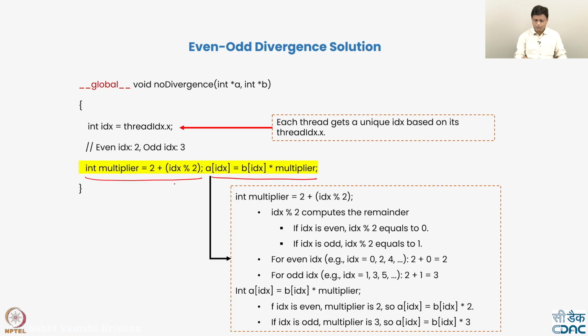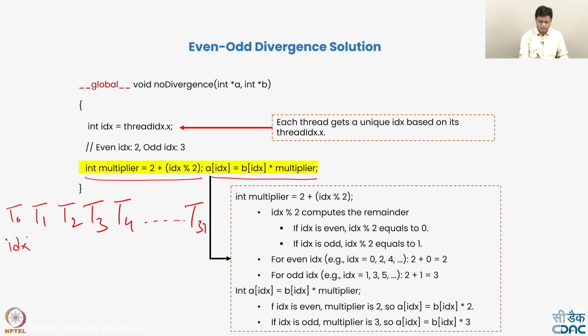In the first part, what is happening? Again I take thread 0, thread 1, thread 2, thread 3, thread 4 and so on, up to thread 31. The idx value is 0, 1, 2, 3, 4 and so on.